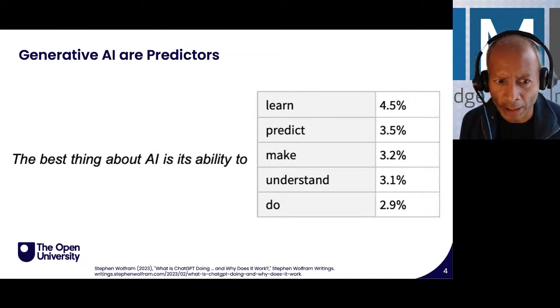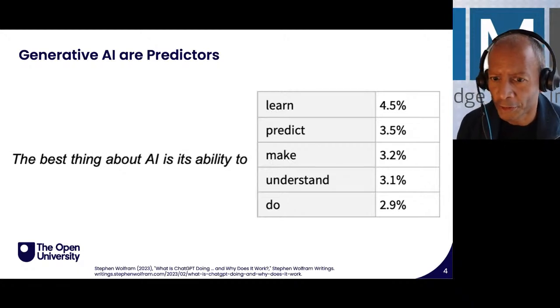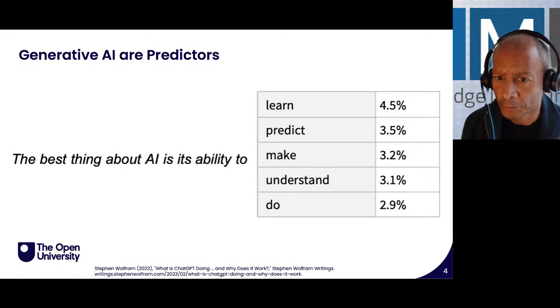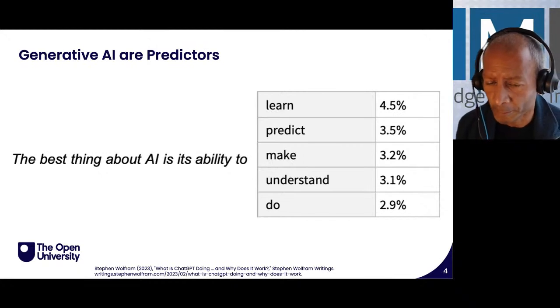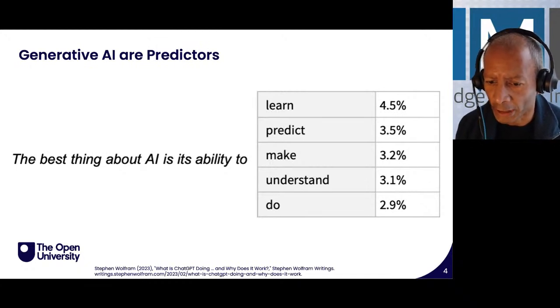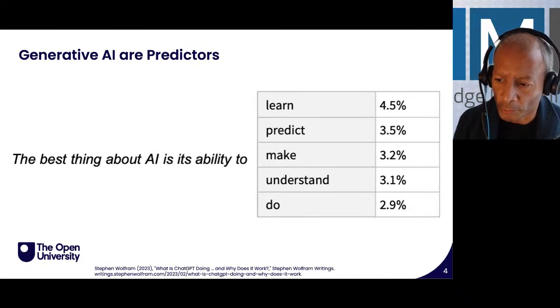The best thing about AI is its ability to, and there are 5 predictions here with a different probability expressed as a percentage. So the most likely next word from this generative AI is learn. And then that's followed by predict, make, understand, and do. So all a generative AI like ChatGPT is doing is predicting the next word.